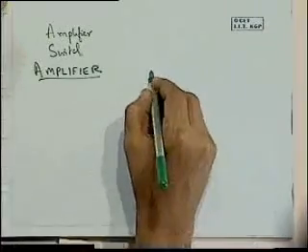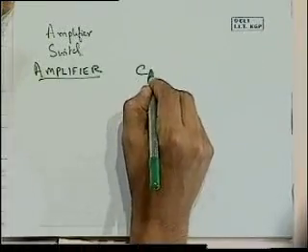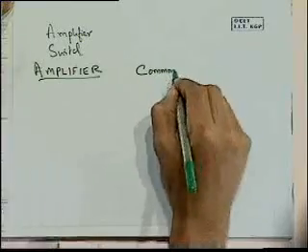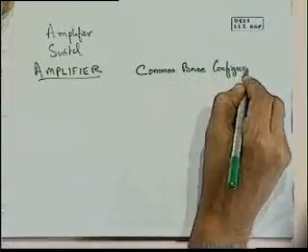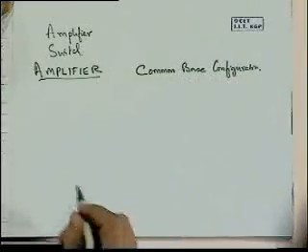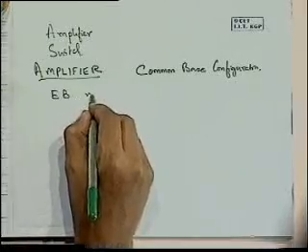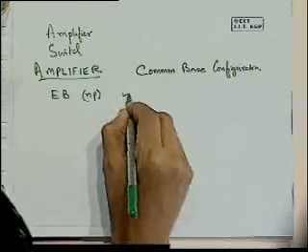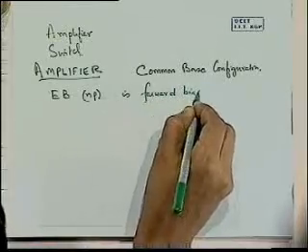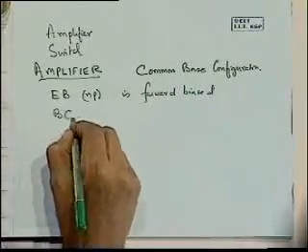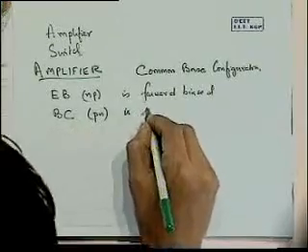And in that case, what we use is what is called a common base configuration. And in this case, the emitter base junction, which is the NP part of it, is forward biased. And the base collector junction, which is the PN part of it, is strongly reverse biased.